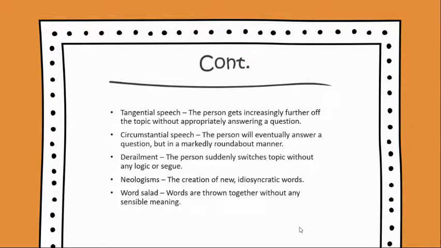Circumstantial speech: the person will eventually answer a question, but in a markedly roundabout manner. Derailment: the person suddenly switches topic without any logic or segue. Neologisms: the creation of new idiosyncratic words. And lastly, word salad, which are words thrown together without any sensible meaning.